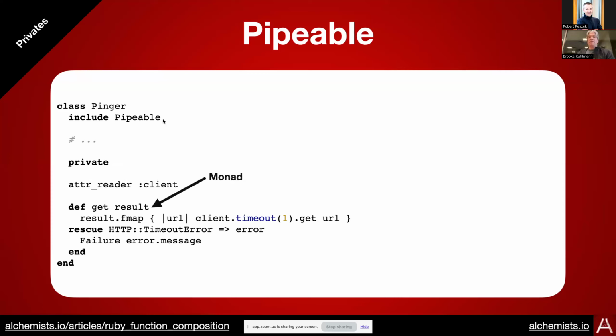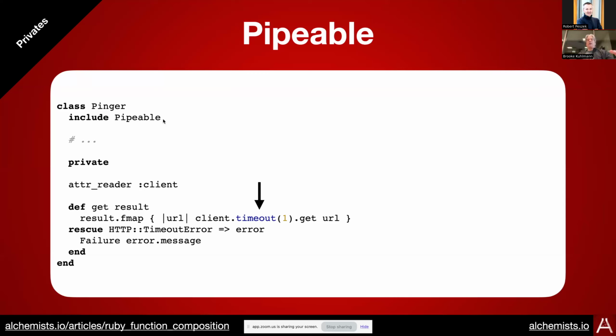So what's happening here then is I have that result monad coming in, and then using the dry monads gem syntax, I can do a function map. So only if it's a success, I'm going to call this block over here that does the HTTP request to the URL, gets it with a timeout of 1 second, and if that's all great, it'll just wrap that back up as a success.